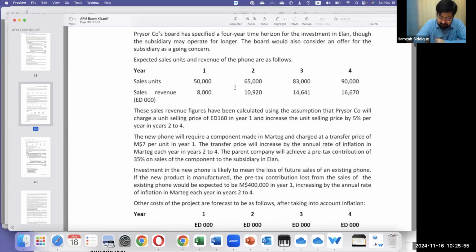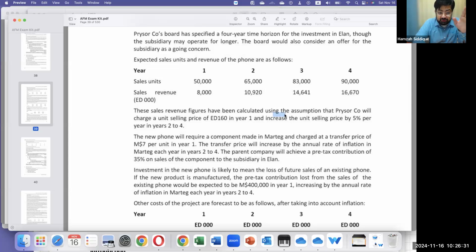Okay, so sales units are given, sales revenue, ED 000. The sales figure have been calculated using the assumption that Prysor will charge a unit selling price of 160 ED in year 1 and increasing the price by 5% from year 2 to 4. So this has been calculated using this assumption. Okay, this is assumption. Remember assumption.